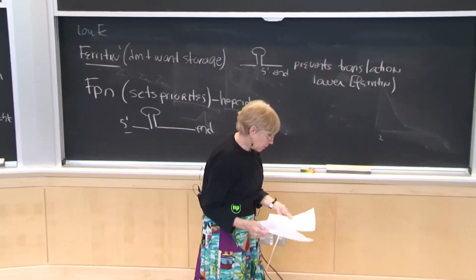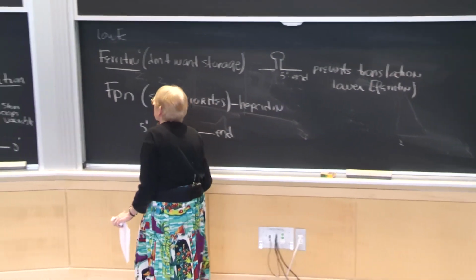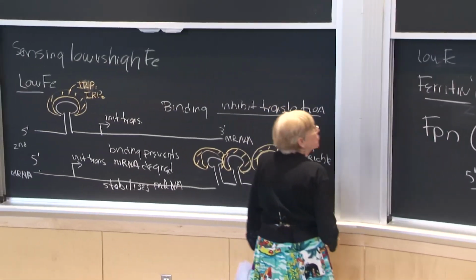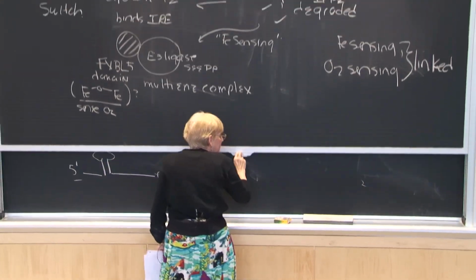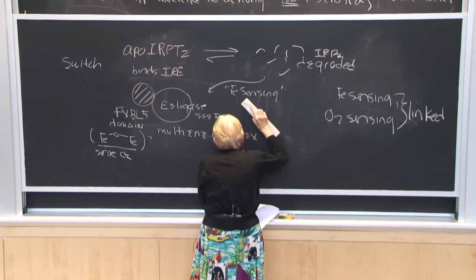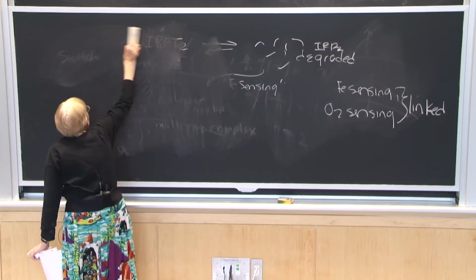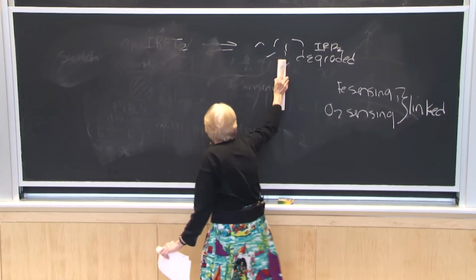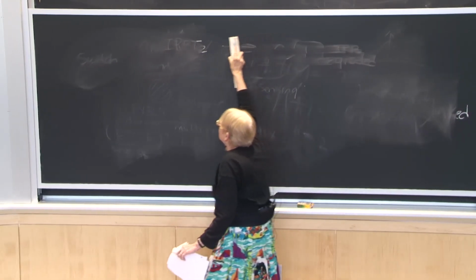Okay. So these two are at the 5' end. What about the transferrin receptor? So let's put this down here. Okay, what about the transferrin receptor? What would you expect at low iron? We're still at low iron. What would you expect the regulation to be for the transferrin receptor? What do you want to do at low iron?